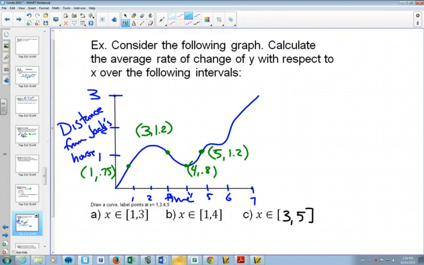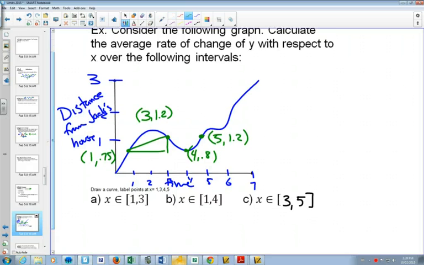So if we were trying to find the average rate of change from 1 to 3, we could draw our secant line from 1 to 3. We can make a triangle so that we could see the rise and the run. And if we looked at our change in y over our change in x, well, our y has gone from 0.75 up to 1.2, so there has been a rise of 0.45. And our run from 1 to 3 has changed 2.